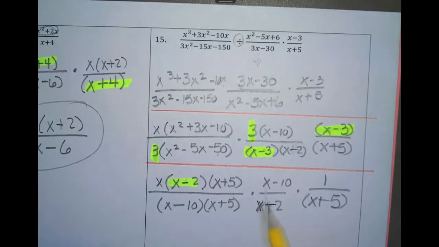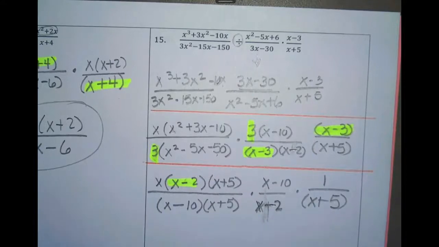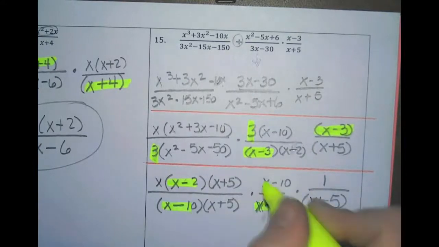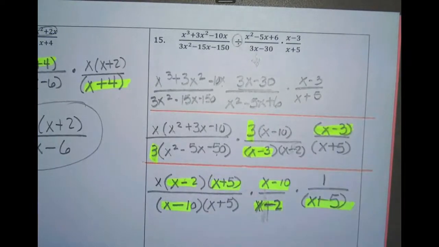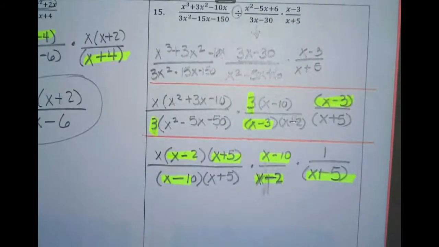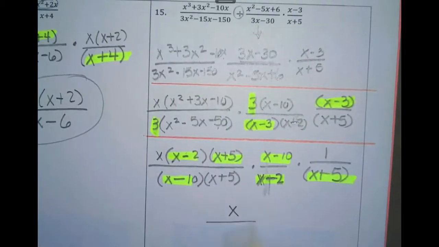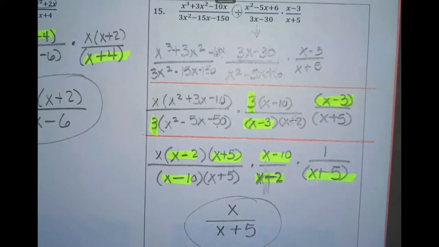This is an x minus 2, so this will cancel this. This will cancel this. This will cancel that. And then what we have left is x over x plus 5. That is the final answer after I fixed my sign mistake.